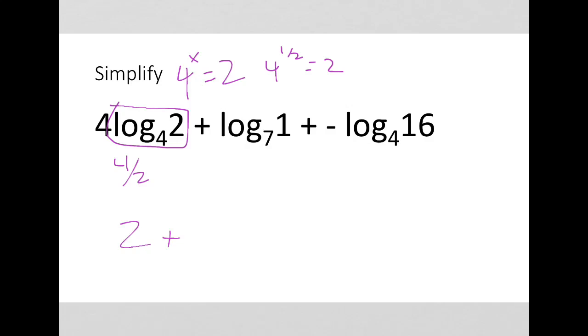Well, that's like saying 7 to what power is 1? Well, 7 to the 0 is 1, and so I get plus 0 there, and then I have minus log base 4 of 16, which is saying 4 to what power is 16? Well, 4 squared is 16, so down here I am going to get minus 2. So I get 2 minus 2, which is 0. So this all just goes to nothing.